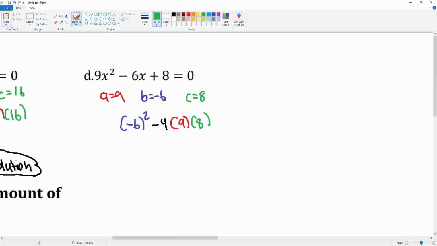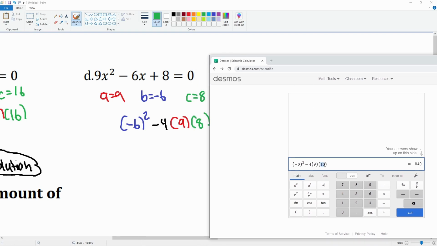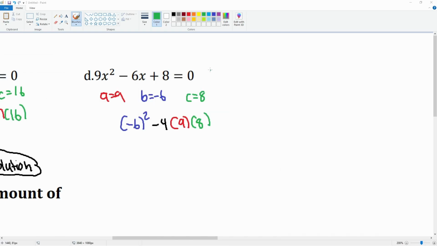Plugging it in, -6 squared minus 4 times 9 times 8, and that is negative 252. So the discriminant is negative 252. This means it has no real solutions.